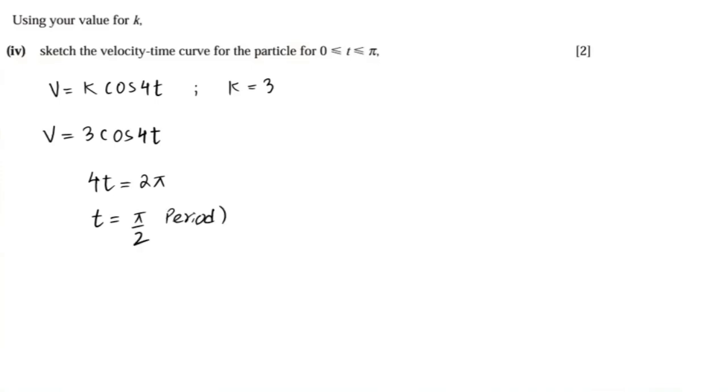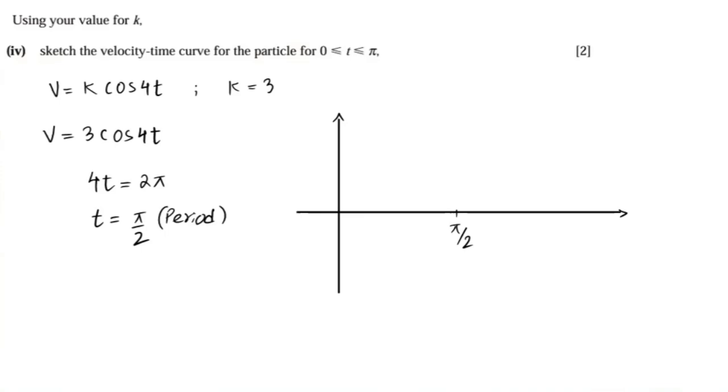So for this velocity function, let's put an axis over here and try to sketch it. Pi over 2 is one oscillation and pi is the second oscillation. You can put your 3 and a -3 like this. If you find it difficult to sketch, these three lines, let me just make it a bit better, like this and this and this.